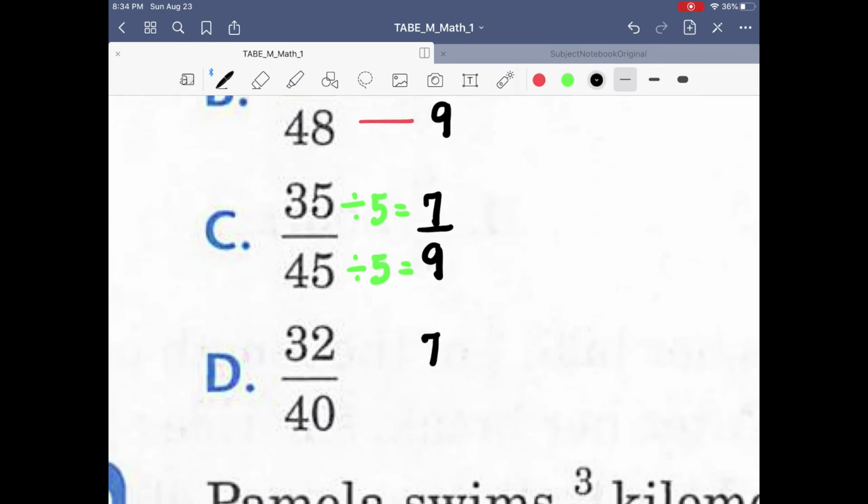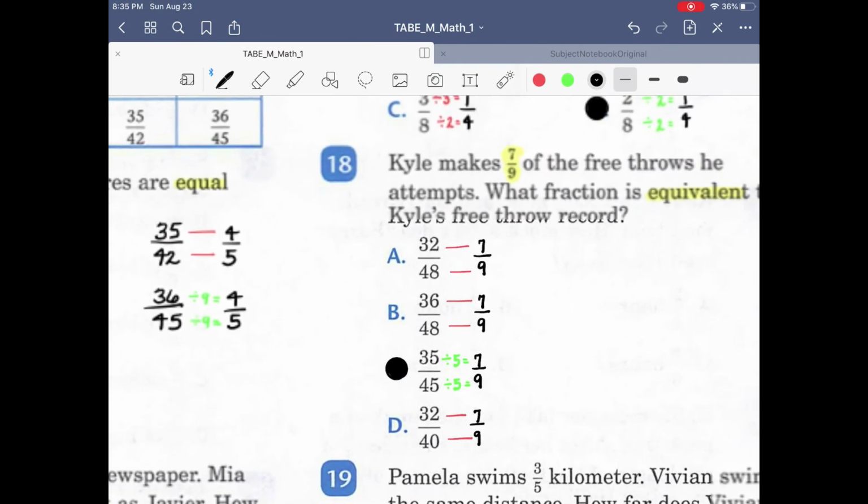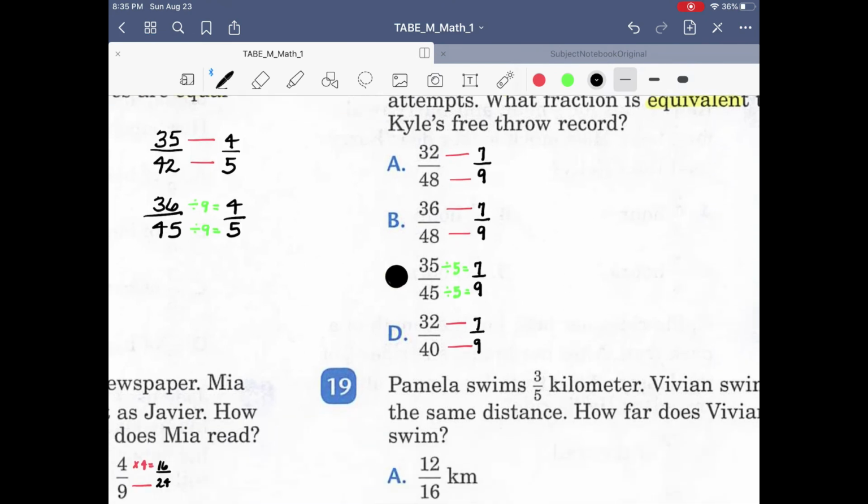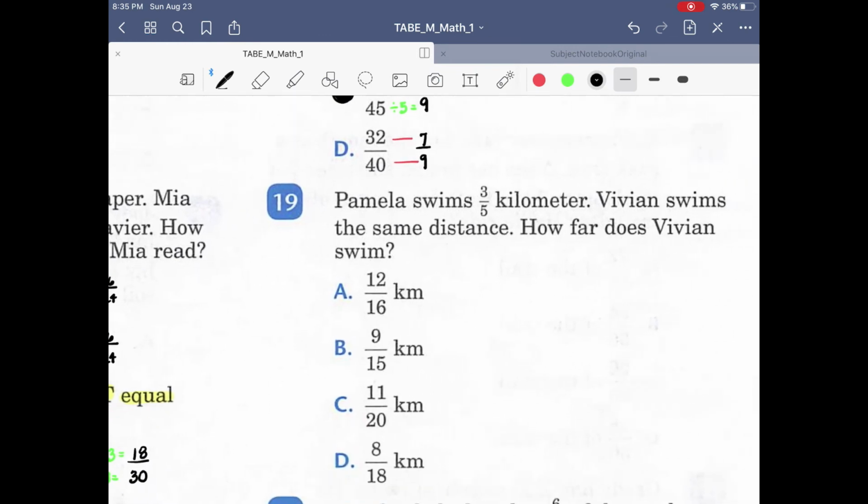You're dividing top and bottom by 5 to get that one to balance. And then this one, I can't get top or bottom. Neither of those would be even division. So C is the one I am looking for. The answer to number 18 is C.